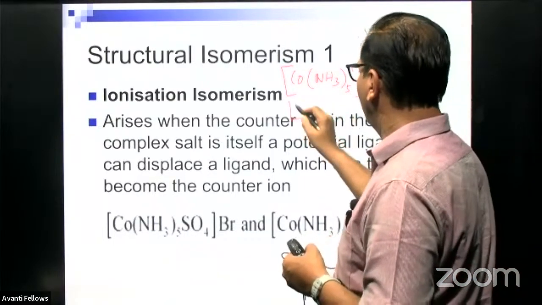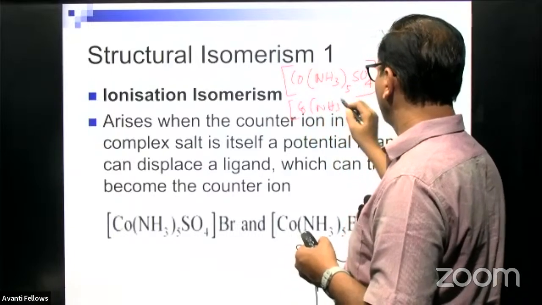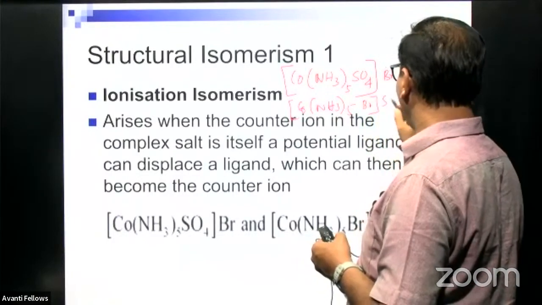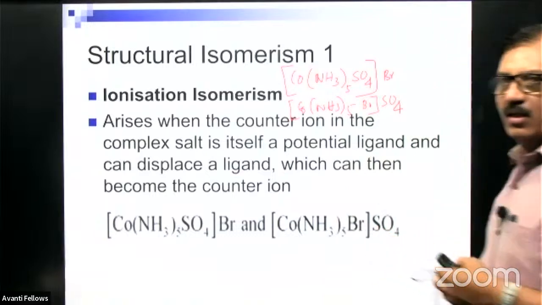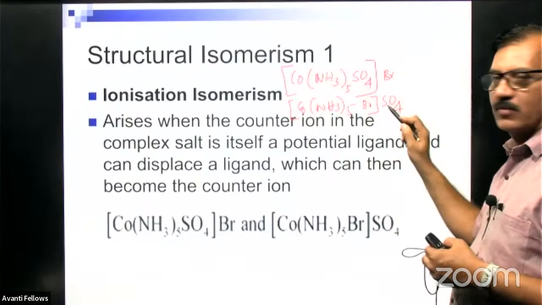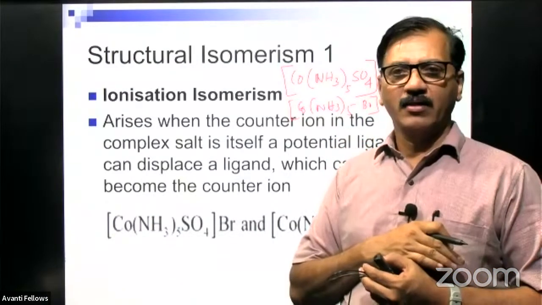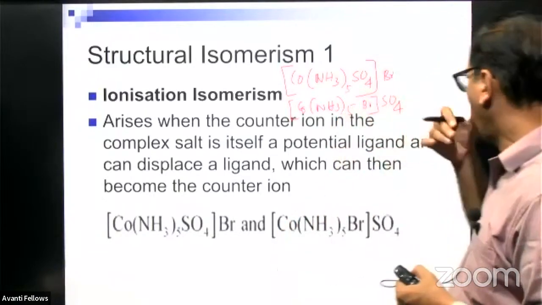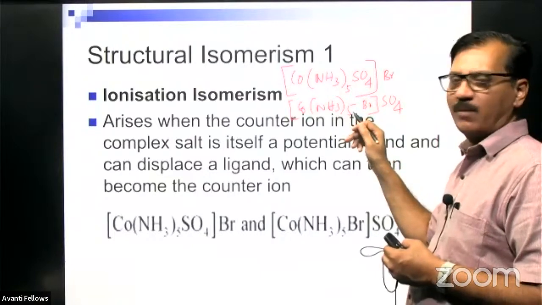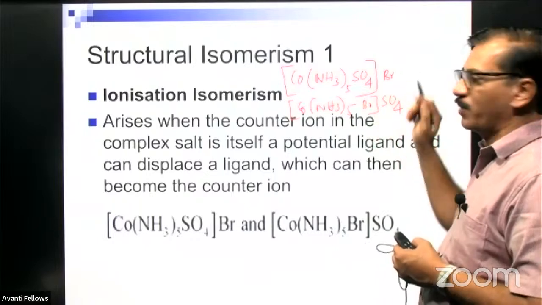Another one is [Co(NH3)5Br]SO4, with Br inside the square bracket and SO4 outside. This is an isomer of the first. These 2 compounds have the same composition: both have cobalt, 5 ligands of ammonia, one sulfate and one bromine.